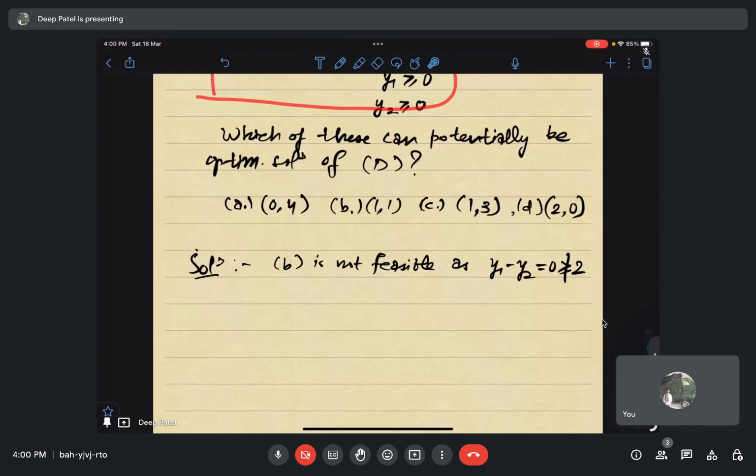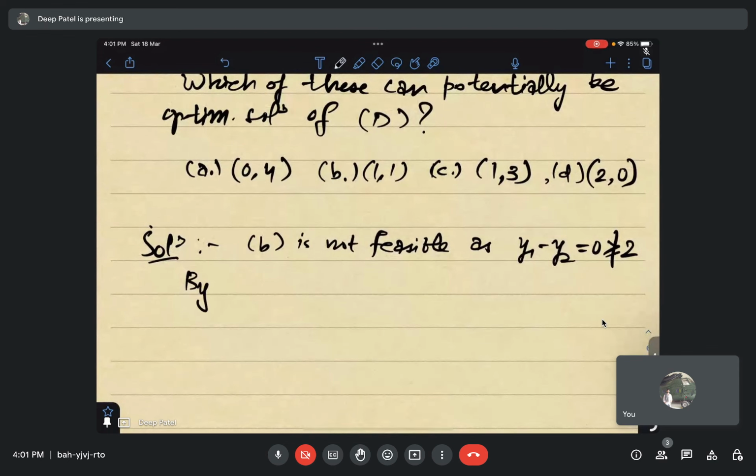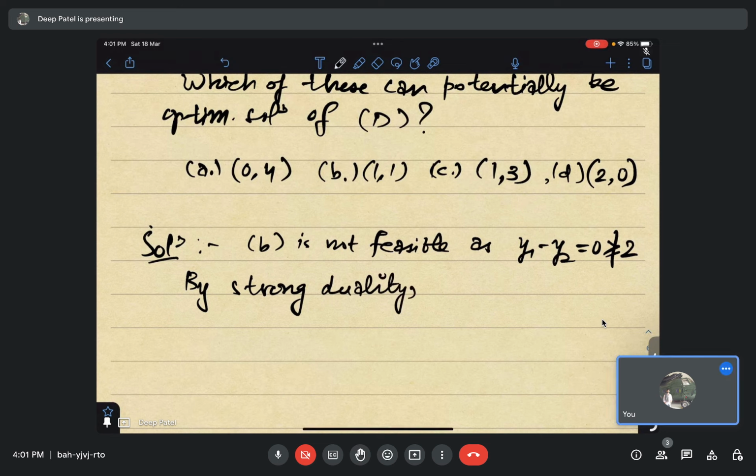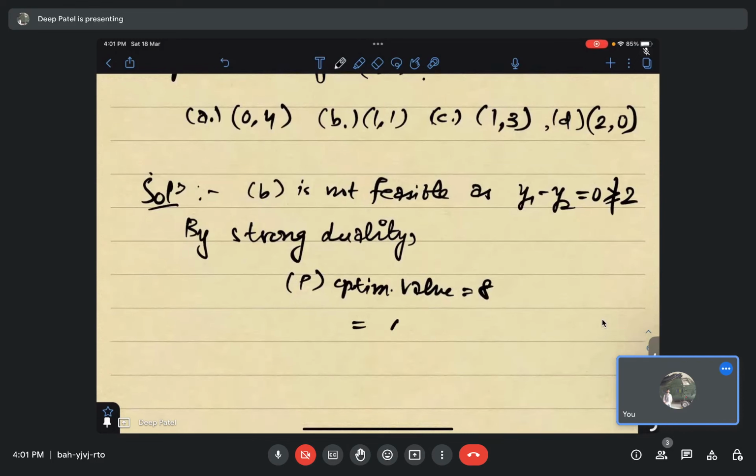So by strong duality, the primal optimal value equals 8 equals 4y1 star plus 2y2 star, right?